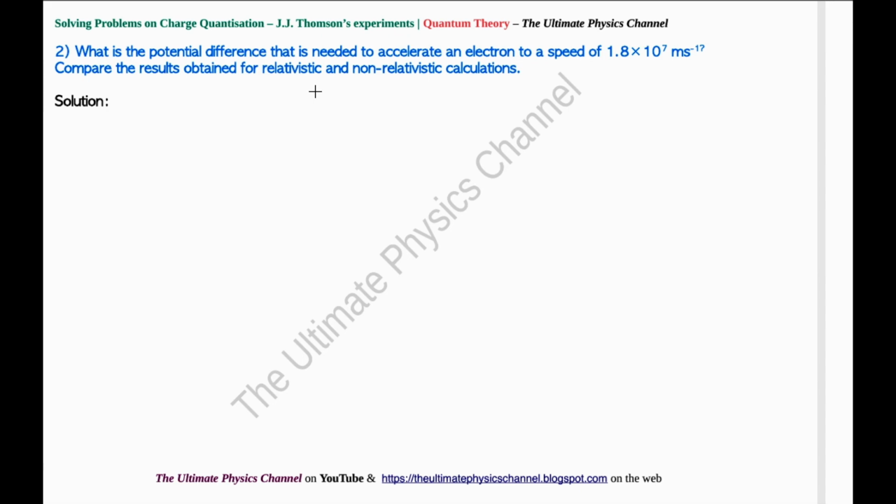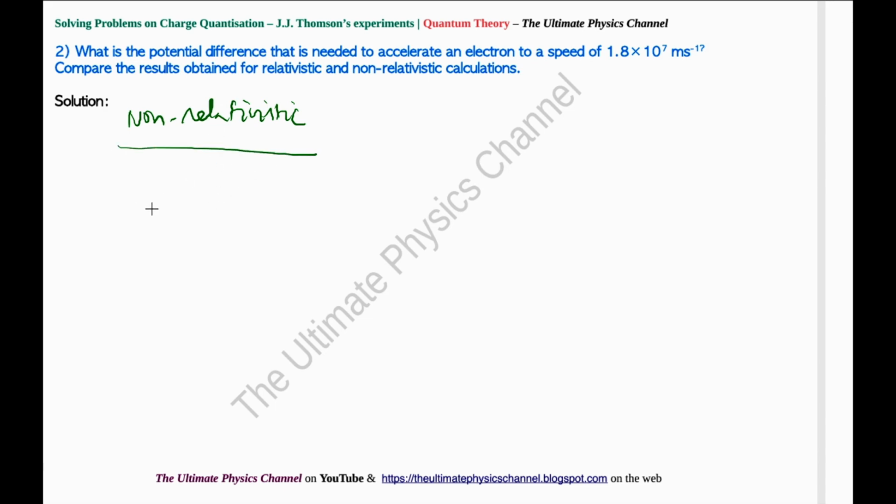So here we have to do both the non-relativistic and relativistic calculation and compare the results that is obtained for the value of the potential difference that need to be applied here, right? To accelerate the electron to a particular speed in this case. So let's first do the non-relativistic part. Two parts, let's say. So first part is non-relativistic, so that we can later on compare the values.